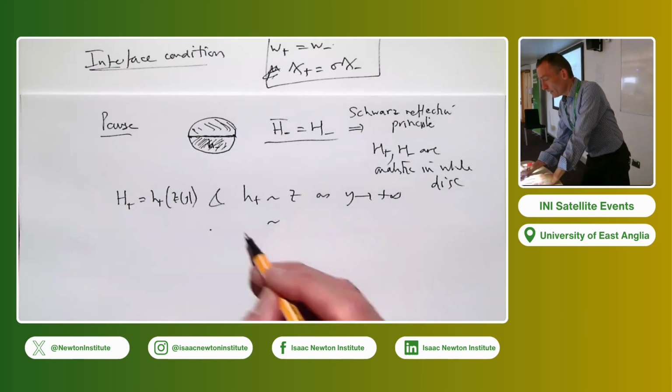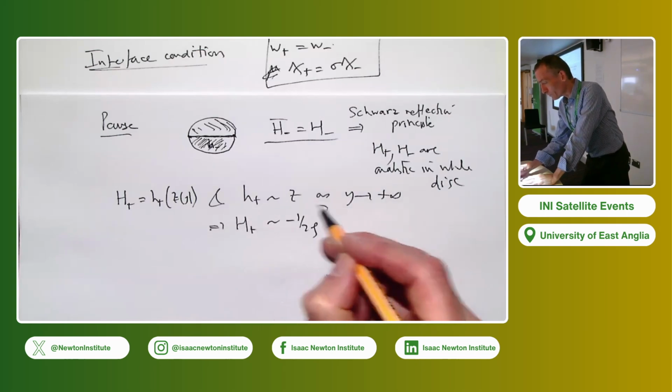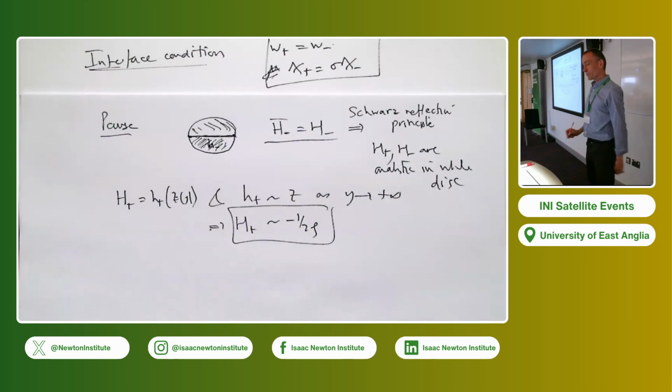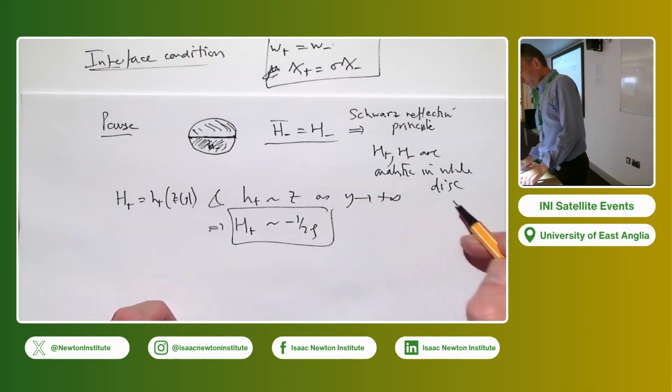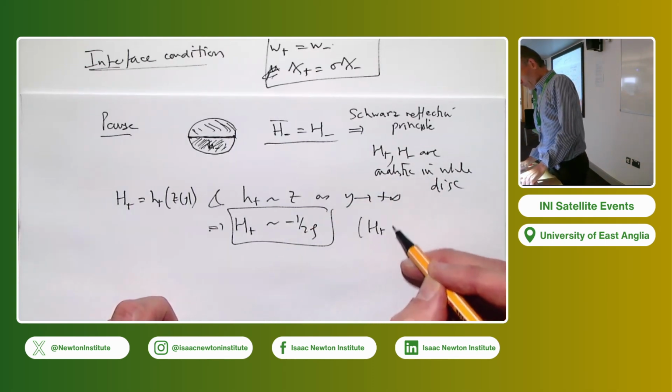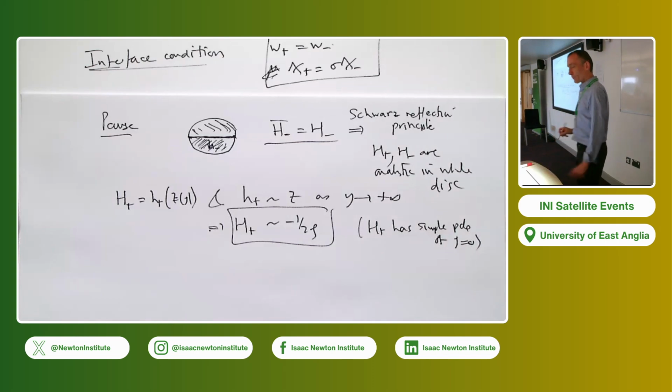So this means that H plus goes like minus 1 over 2 zeta. Okay, so H plus actually is analytic in the whole disk except for the simple pole. H minus is analytic everywhere in the disk.